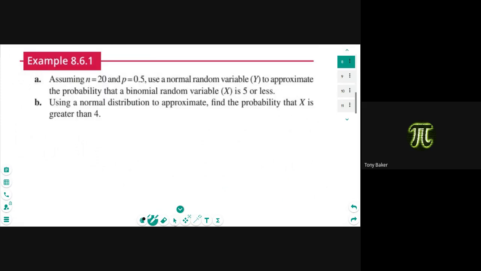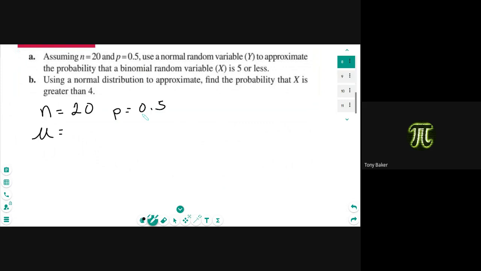All right, let's do this one. N is 20. P is 0.5. Find my mean and find my standard deviation.